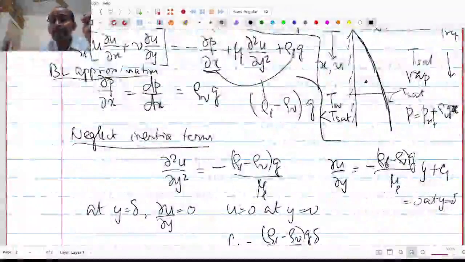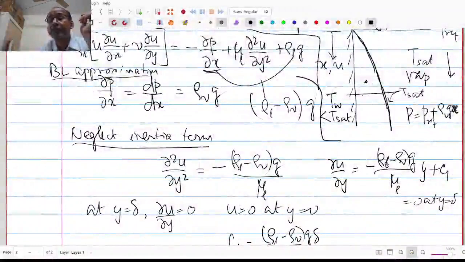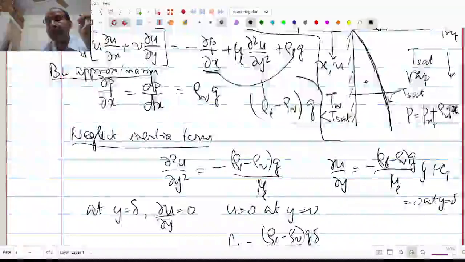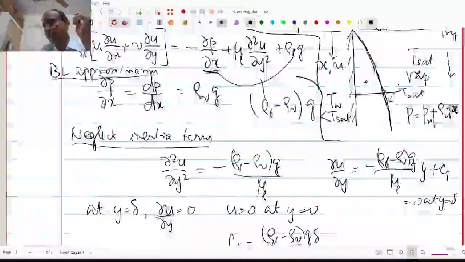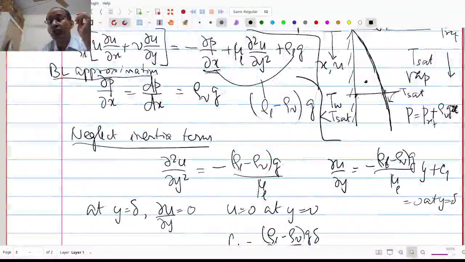At any x, what will be the mass flow rate? It will be the integral of rho u dy from y equal to 0 to delta, where rho liquid is uniform in the entire region and u is obtained from the expression we have got.